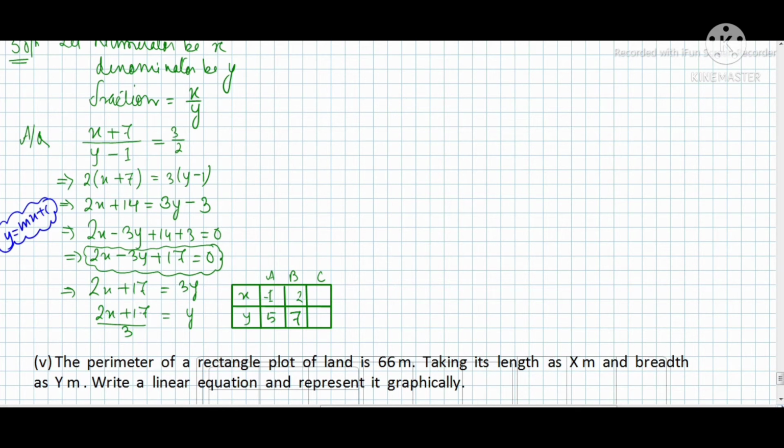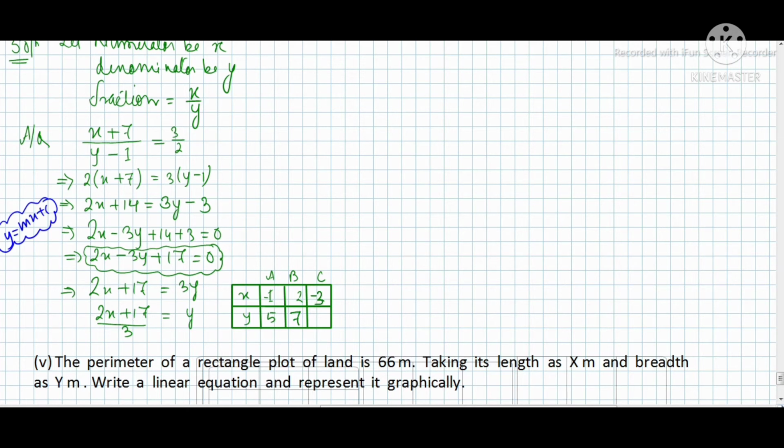Next, if I take x as minus 2, then 2 into minus 2 is minus 4. Minus 4 plus 17 is 13, so it is not divisible by 3. So I have to take another point. If I take minus 3, then 2 threes are minus 6.